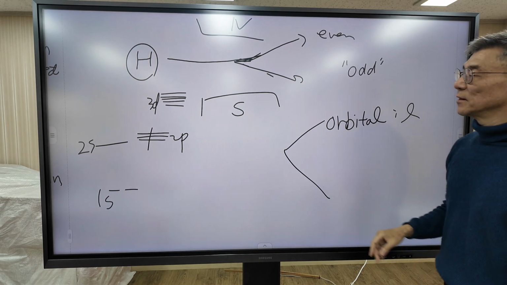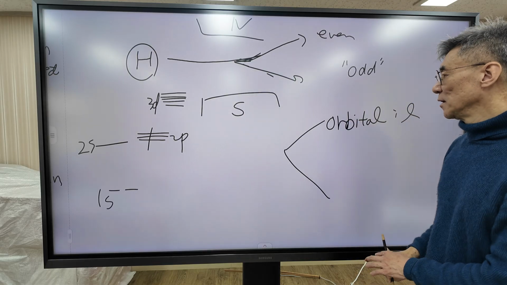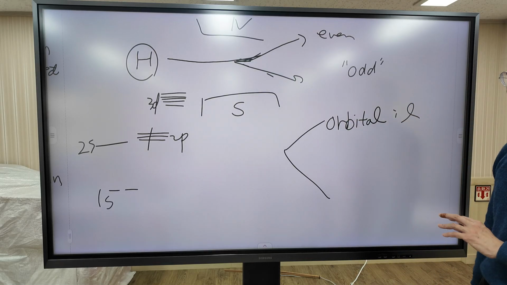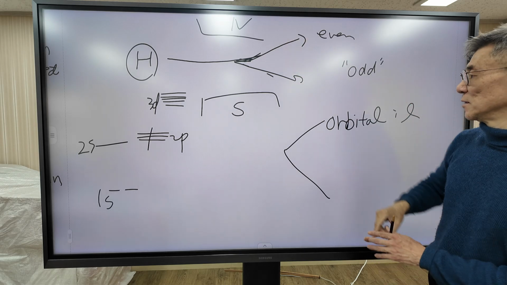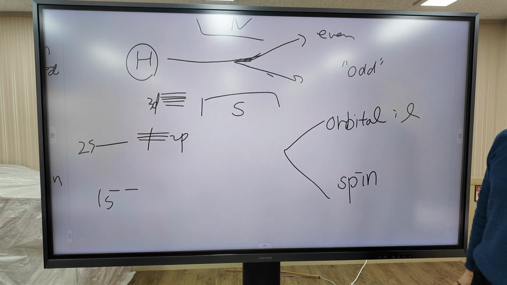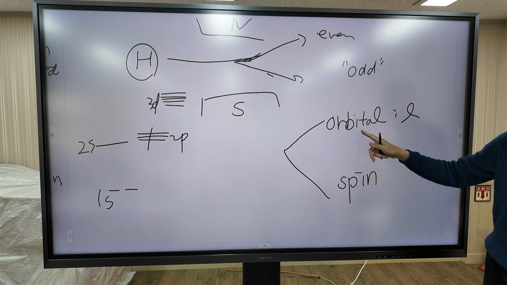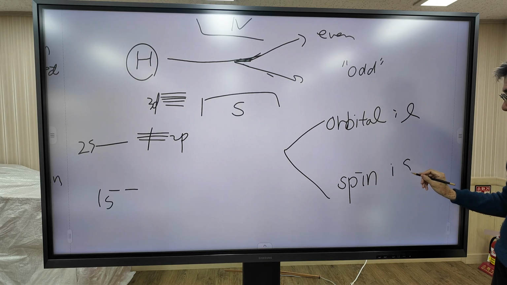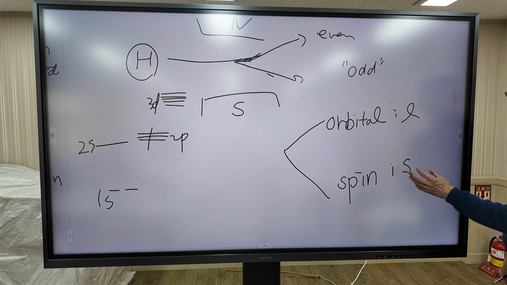But to explain the Stern-Gerlach experiment, scientists discovered that a new type of angular momentum must exist to explain this kind of experimental observation. This angular momentum is called spin angular momentum. The s quantum number represents spin angular momentum. Then the question is, what is the value of the spin angular momentum quantum number?